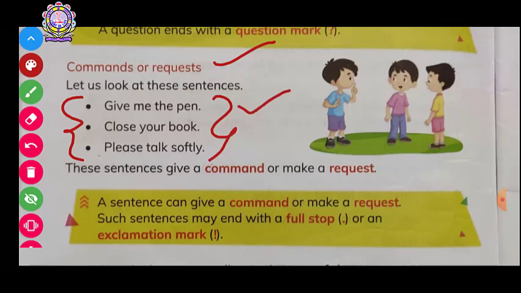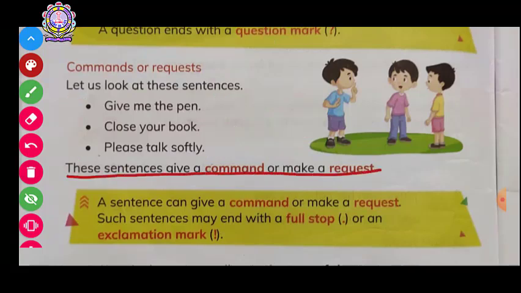Give me the pen. First sentence, what is it? Someone is asking for the pen. Alright, close your book. Okay, please talk softly. Alright, these sentences give a command or a request.